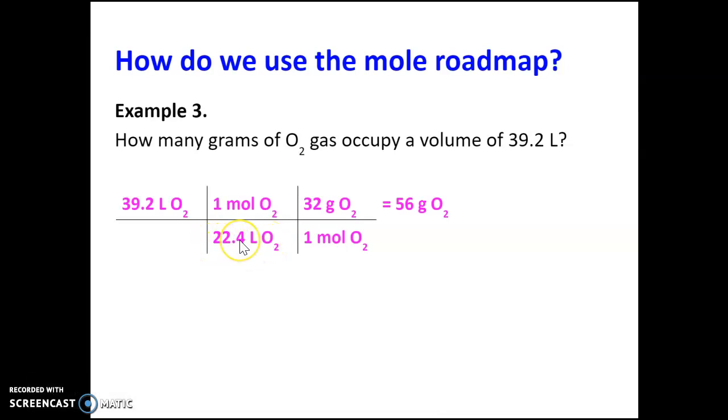So I have 22.4 liters of oxygen as a mole of oxygen. A mole of oxygen is 32 grams of oxygen. Molar mass, I pulled that straight from the periodic table. 16 plus 16, right, because I have 2 oxygens, is 32. So then I'll multiply the top and divide by the bottom, which gives me 56 grams of oxygen are in 39.2 liters.